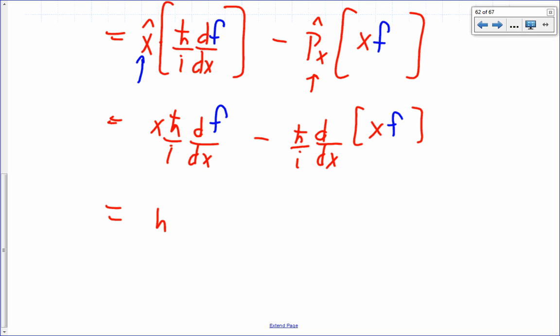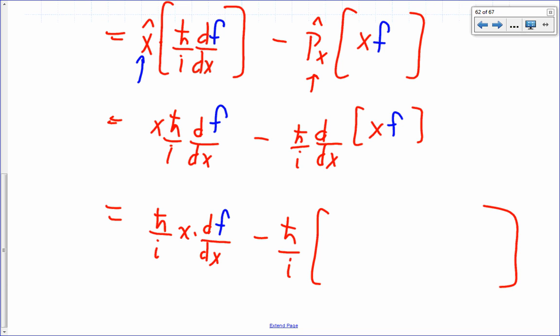So this is h bar over i, I'm going to say x times df dx, right? Minus h bar over i, and this is going to be x times the derivative of f with respect to x.